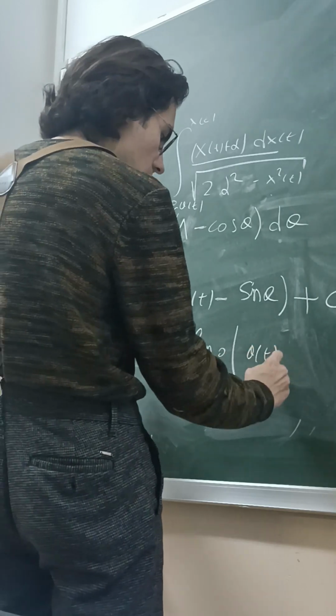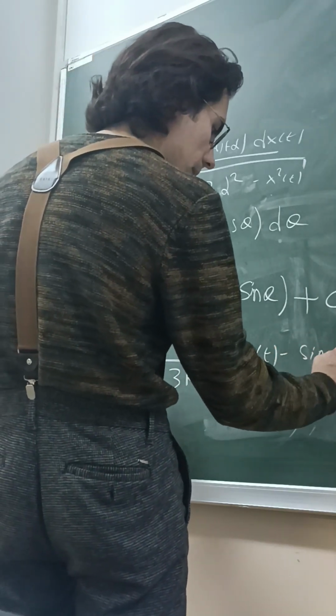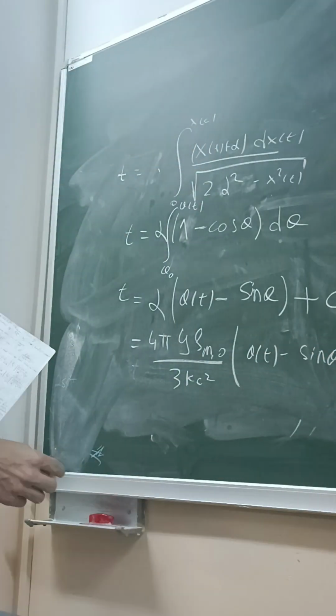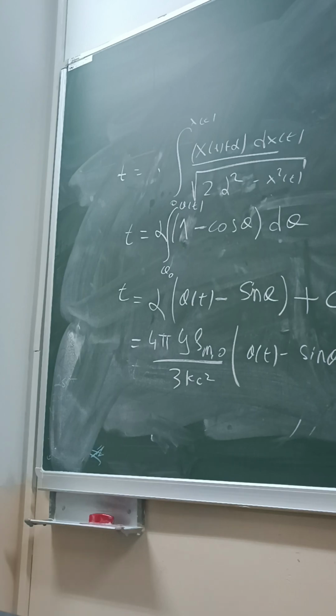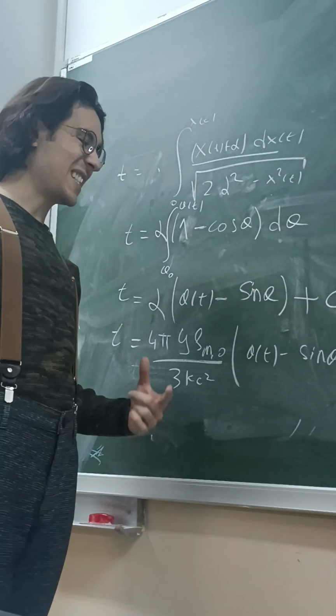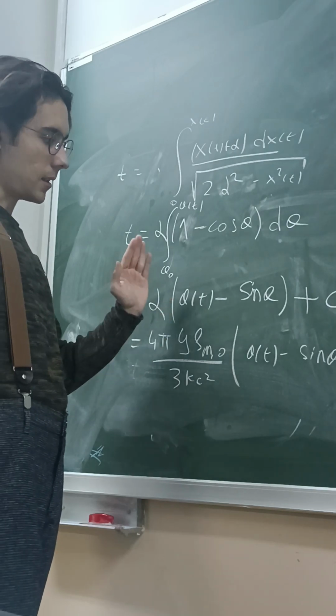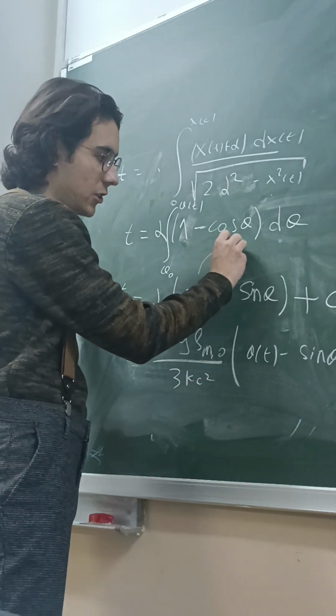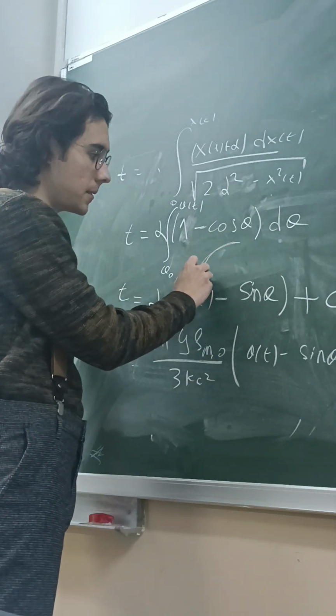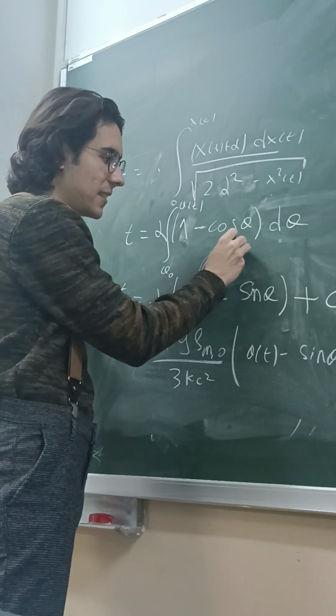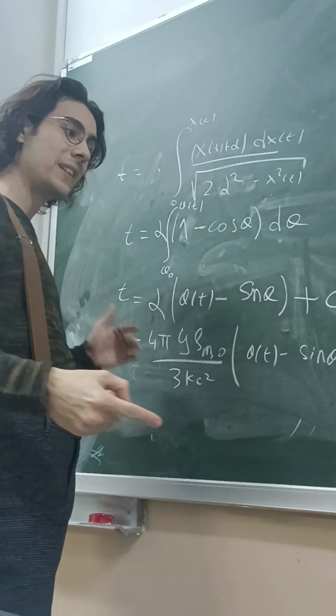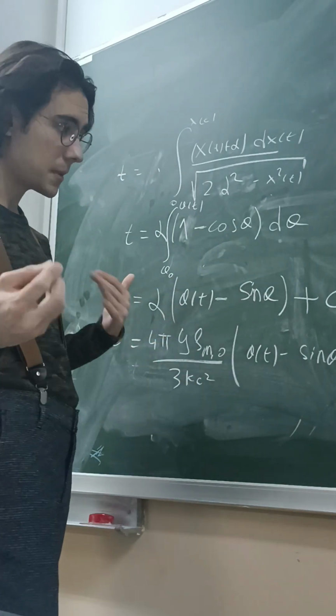So theta of t minus sine theta of t. So it's a function of t. Well, I say the universe is expanding, but the expansion rate is decreasing as time elapses to some critical time. Let's call this time t sub c.